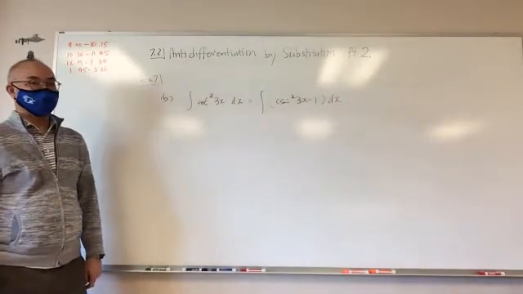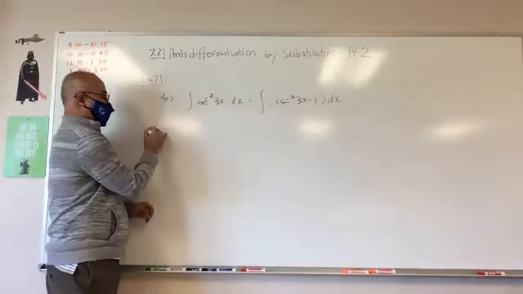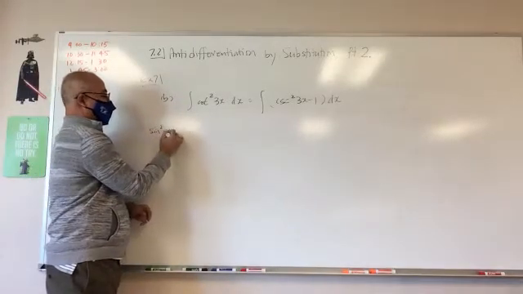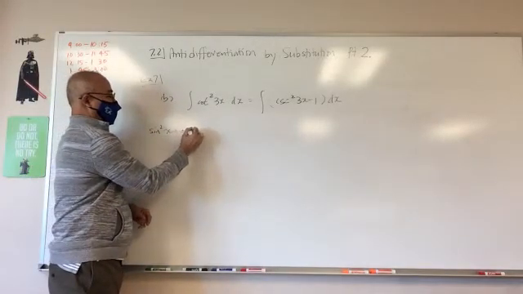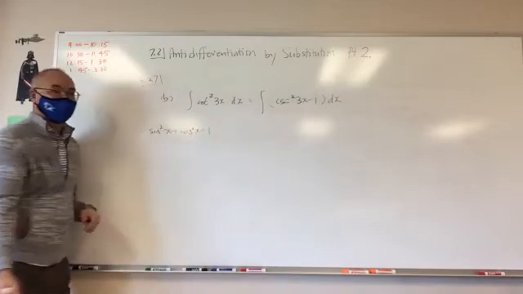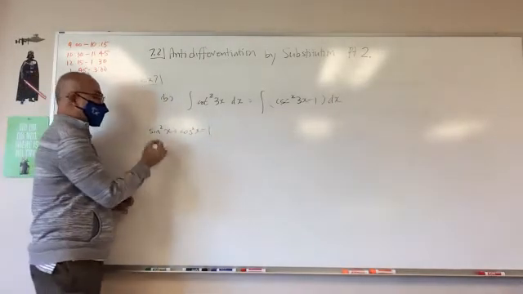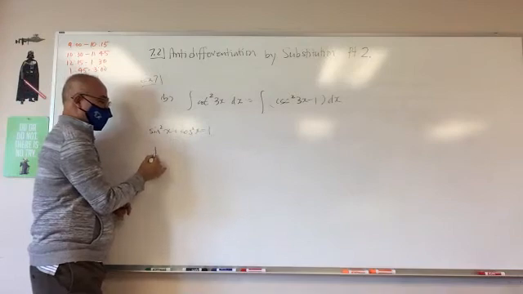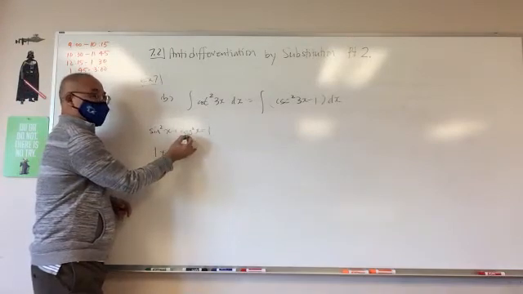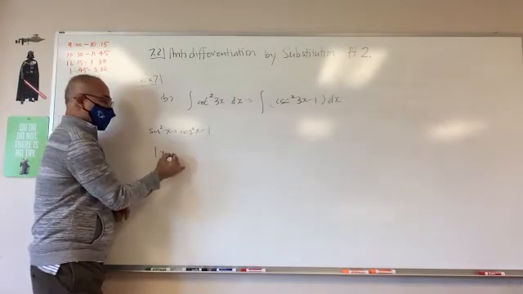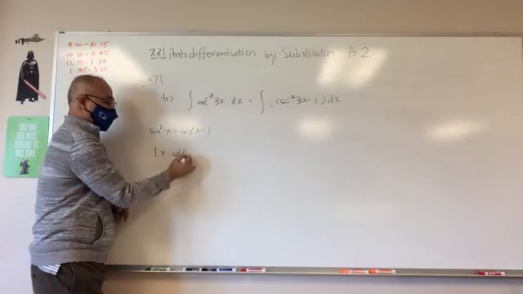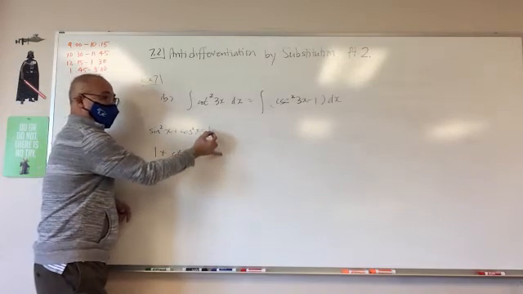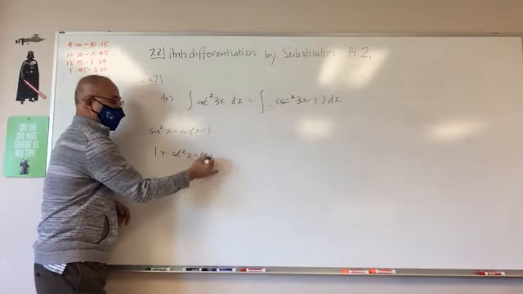Everybody remember how we start from here. It's equal to 1. I'm going to divide everything by sine squared. Cosine squared over sine squared is going to be cotangent squared. 1 over sine squared is cosecant squared x.